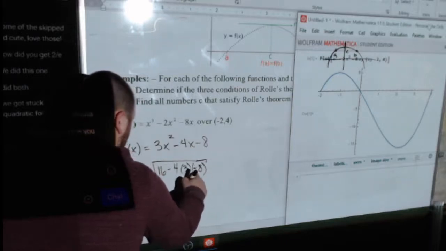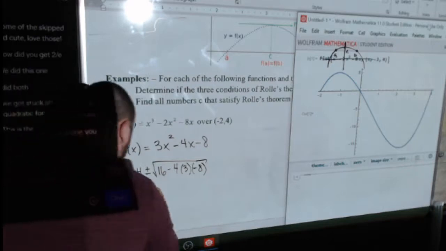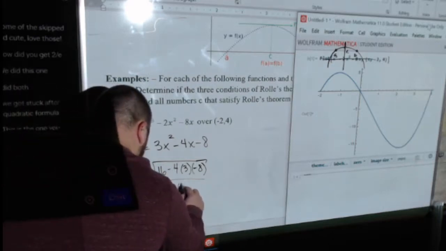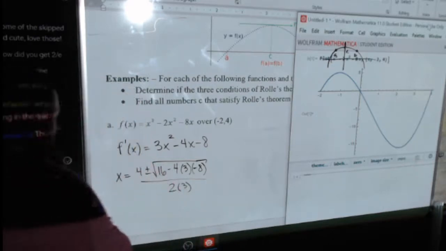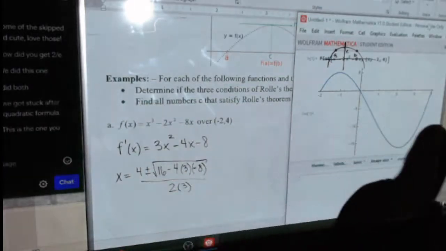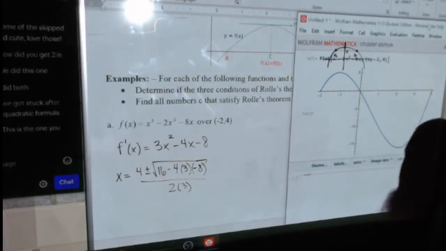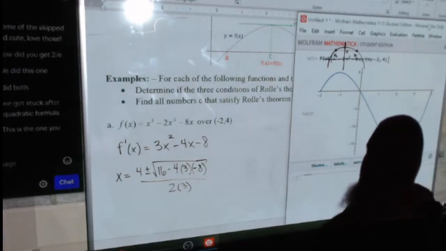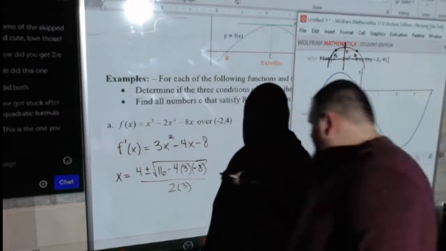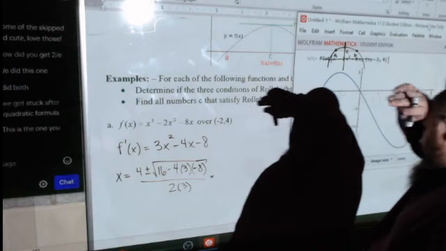I think that was my problem, is I forgot to make that a -8. So all over 2 times 3. So everybody can see that all right? Okay. All right, so that was my silly mistake. I forgot to plug in a negative there. That was our problem.